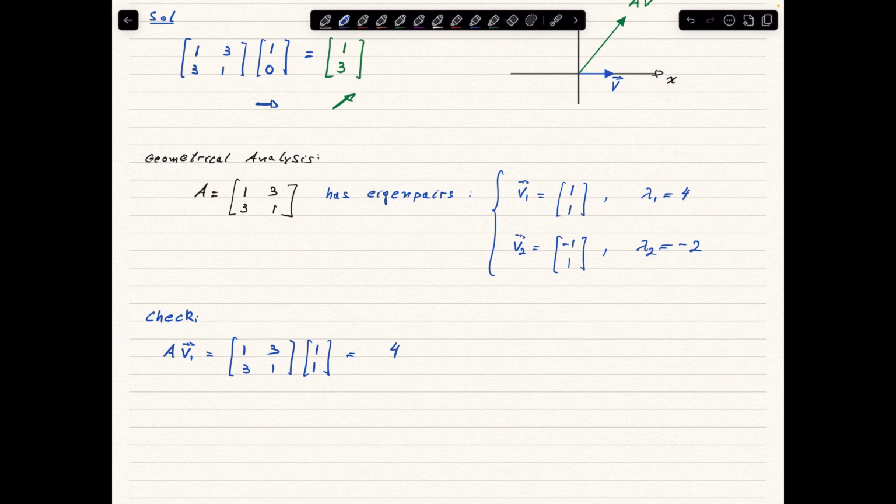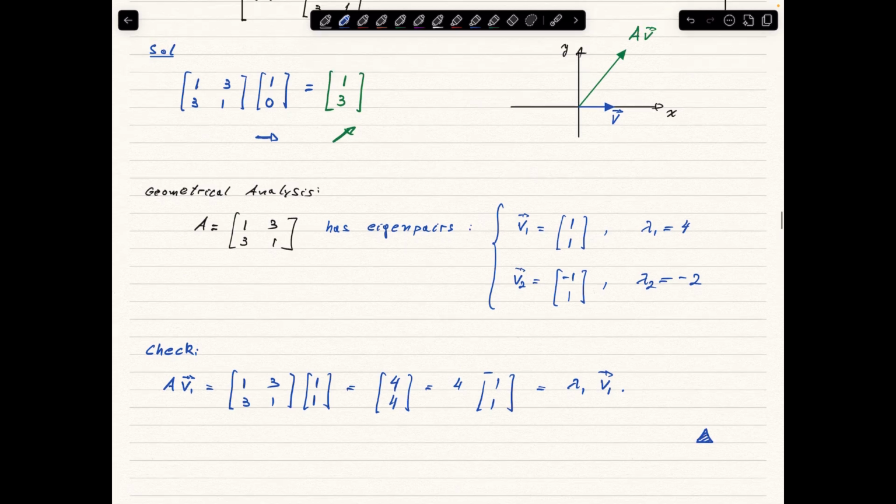Well, we are going to have (4, 4), which is obviously 4 times (1, 1), which is lambda 1 times V1. So yeah, it's an eigenvector. You can do the other one. So exercise, do the other one. So that's how we can use the geometrical meaning of eigenvalues and eigenvectors to actually find them if we have a nice computer program to do it.